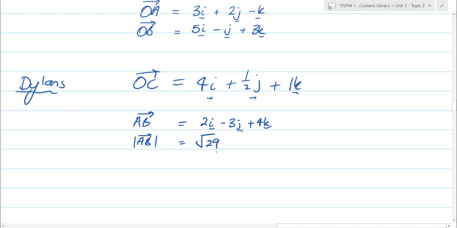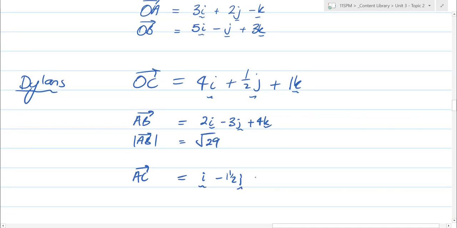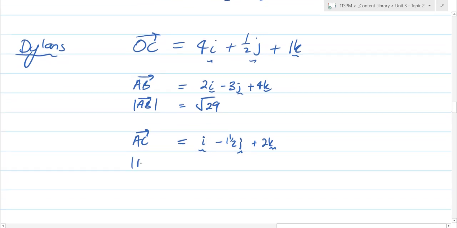And AC vector, in this case, 4 minus 3 is 1, so I get I. A half minus 2 is negative 1.5 J. And then 1 minus negative 1 is plus 2K. And so my AC is equal to the square root of 1 squared plus 1.5 squared is 3.25 plus 2 squared is 7.25.